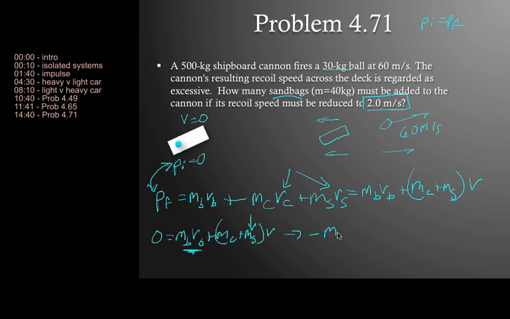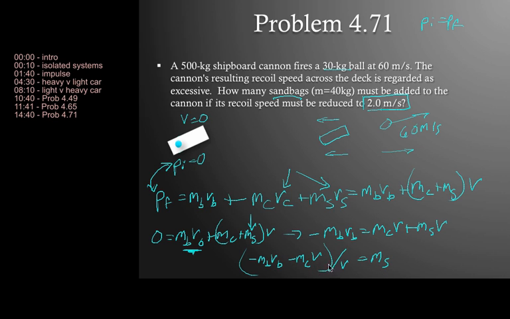So we get minus MB VB is equal to mass of the cannon V, I'm going to multiply this out, plus mass of the sandbags V. So I want to find this mass of the sandbags, I need to bring this also to the other side. So we're going to have minus MB VB minus MC V, and then now I can see that mass of the sandbags is over on this side, so I got to divide by a V in order to get MS.